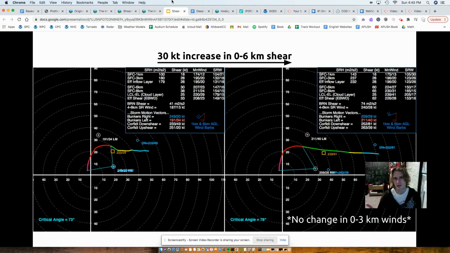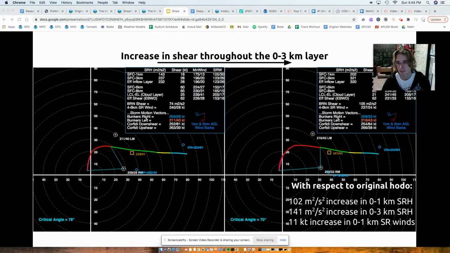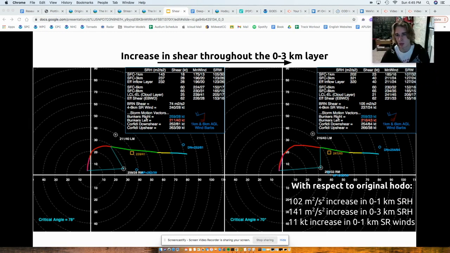All right, so now I'm going to move into comparing hodograph 2 and hodograph 3. The difference between hodograph 2 and hodograph 3 shown here is that I don't change anything in the 0 to 6 kilometer shear realm. I just increase the low level winds, specifically between 0 and 3 kilometers, because if you take a look at hodograph 2 here on the left, this much 3 to 6 kilometer shear isn't typically seen in environments in general.